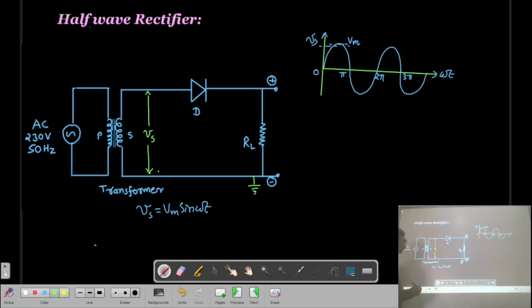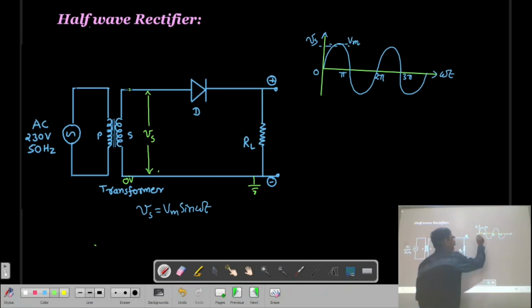It is connected to the ground in the sense that this one is at zero potential. This end of the secondary is at zero potential. That is my reference voltage, my reference line. So with respect to this zero voltage line, at this end the voltage is going to be positive or negative.